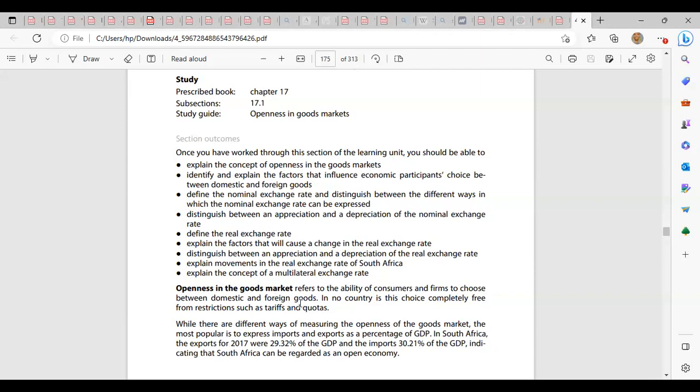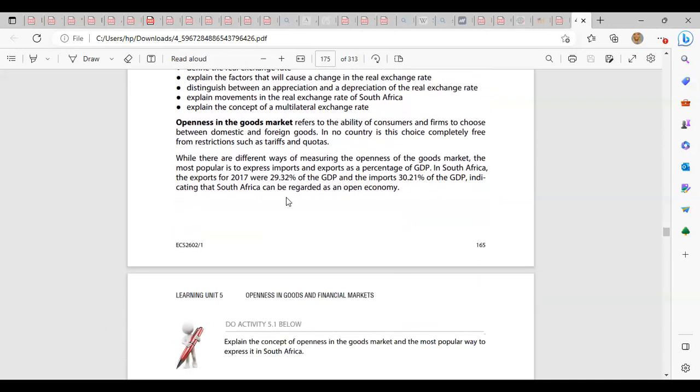We are referring to the goods market here particularly, exports and imports. We can't do either of those, so we are basically relying on domestic production. While there are different ways of measuring the openness of the goods market, the most popular is to express imports and exports as a percentage of GDP. I'm not sure if this is found in ECS 2603, but they probably do those calculations.